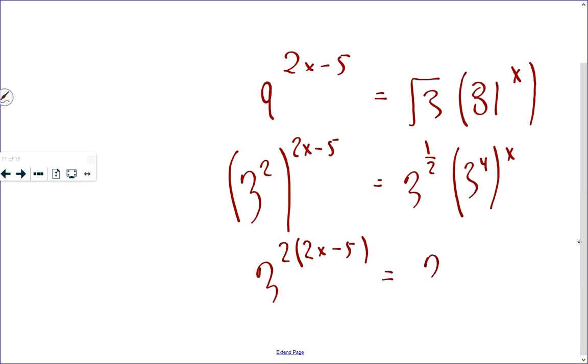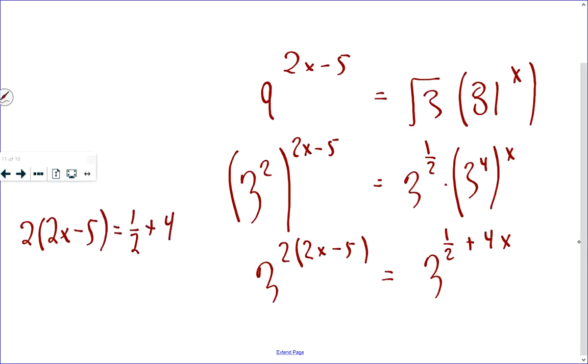Here you're going to have 3 to the half plus 4x. The power of a power for 3 to the 4 to the x is 3 to the 4x. But then you're multiplying a common base, so you add the exponents. Then what you can do is say 2 times 2x minus 5 is equal to 1/2 plus 4x. I would personally multiply both sides by 2 at some point in time to eliminate that half. But anyway, you're off and running.